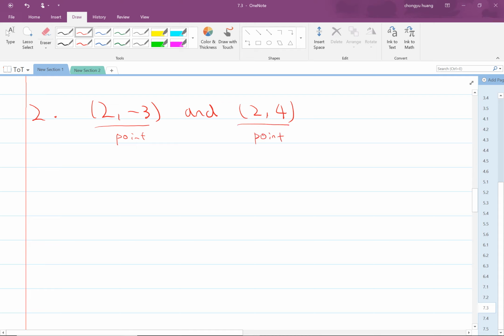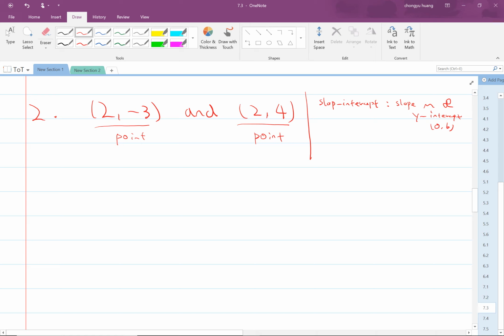So if you want to use the slope intercept form, let me actually write it down, you need to have a slope and the y-intercept, 0, b, right?